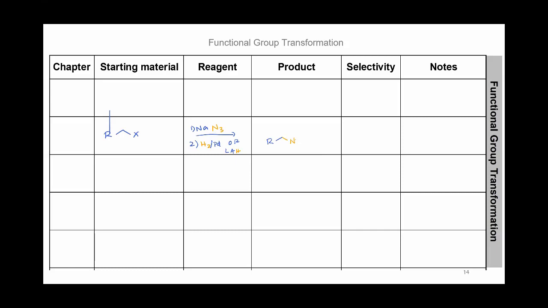So you would get N3, and then you reduce that, that will form the NH2. So that is one way to make a primary amine.